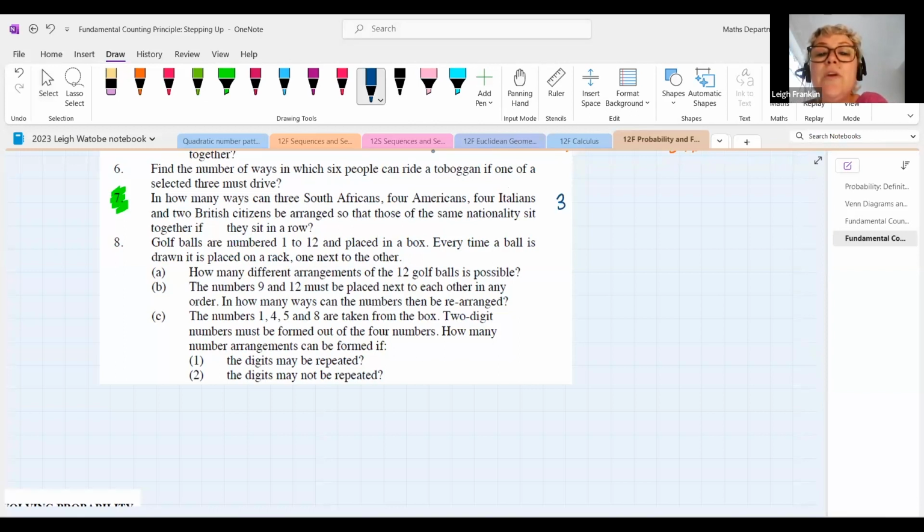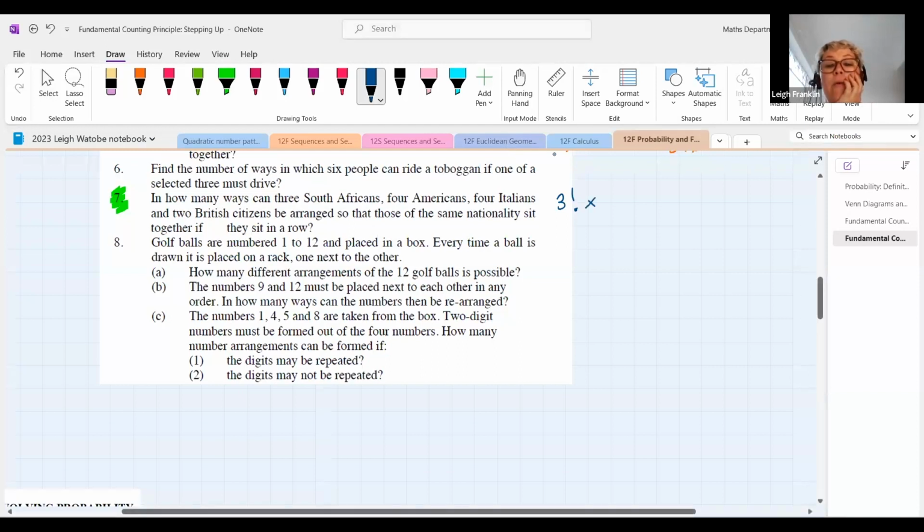So there's 3 factorial ways that the South Africans, okay, Leanne, I'm going to explain it, can sit together. There are 4 Americans, so there are 4 factorial ways that the Americans can sit together. There are 4 Italians, so there are 4 factorial ways that the Italians can sit together.